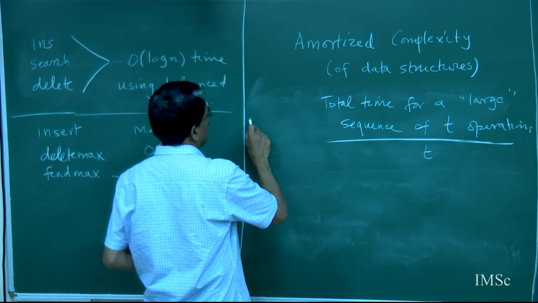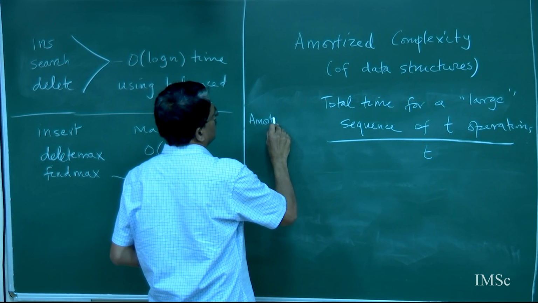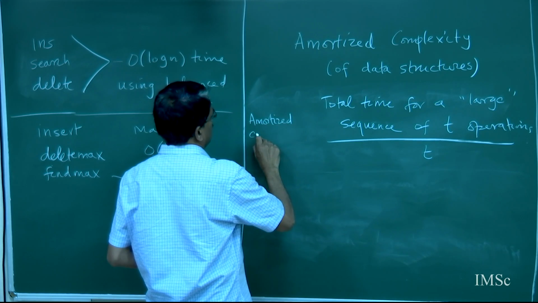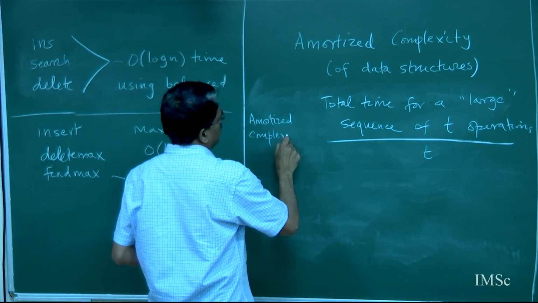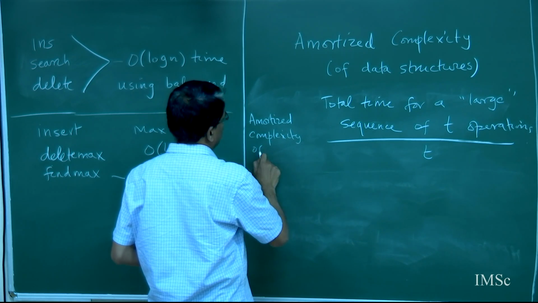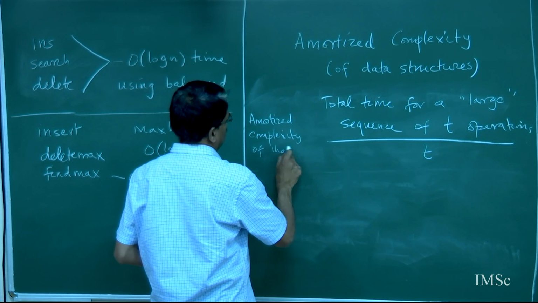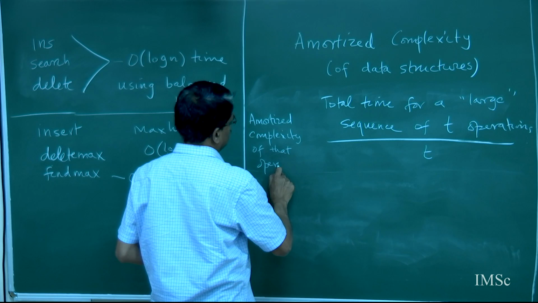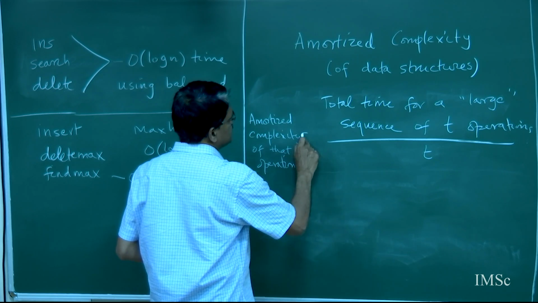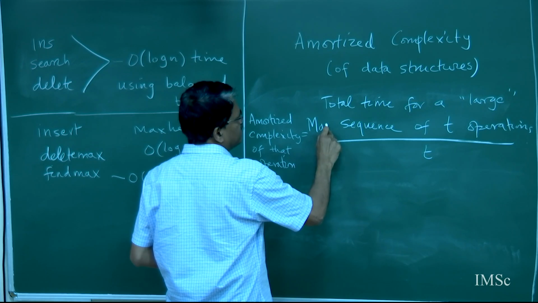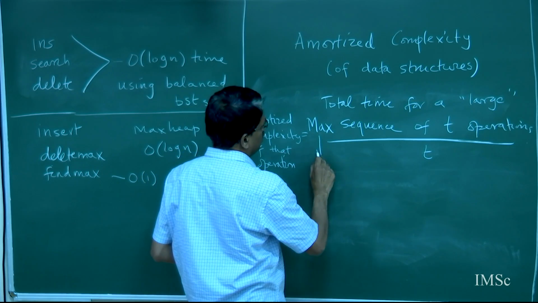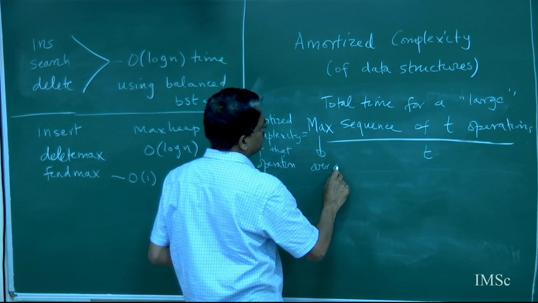Okay, so this is the amortized complexity of that operation. It's still worst case, the maximum over all sequences.